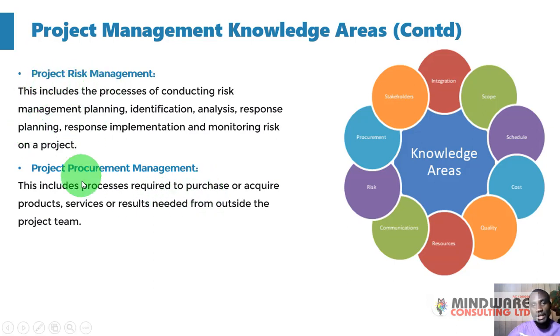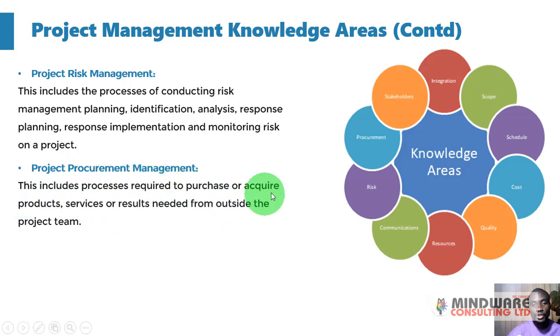For example, it doesn't mean that risk has to come before procurement. You understand? They can go hand in hand together in any sequence. Yes, in any sequence. So the next is project procurement management.